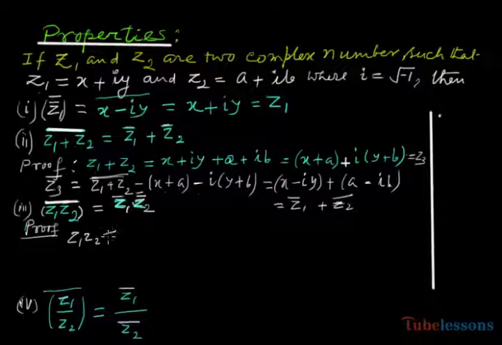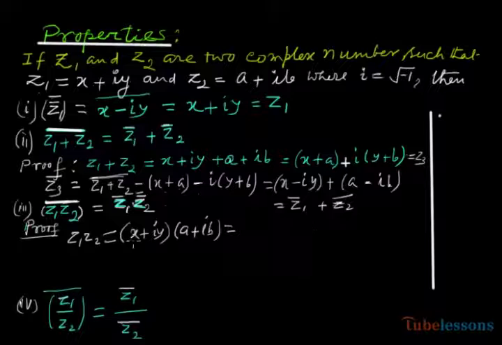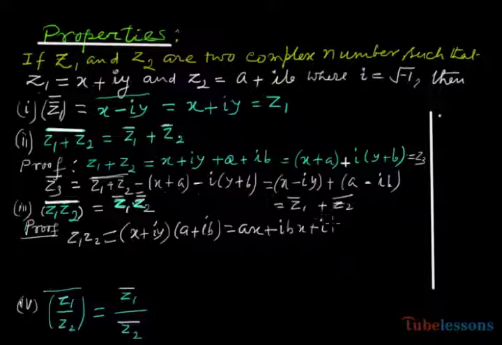So when you multiply Z1 and Z2, as Z1 is x plus iy and Z2 is a plus ib, we multiply x with a plus ib, so we are getting ax, and then i bx, then iy gives i ay, and then i into i square, that is minus yb.